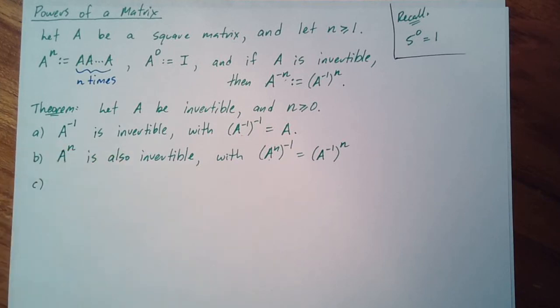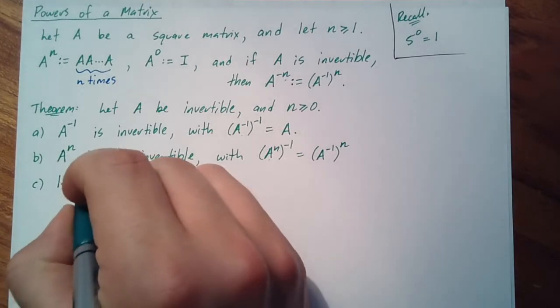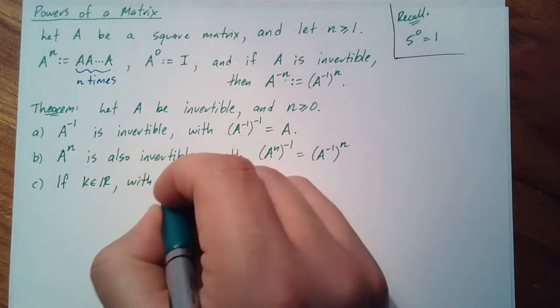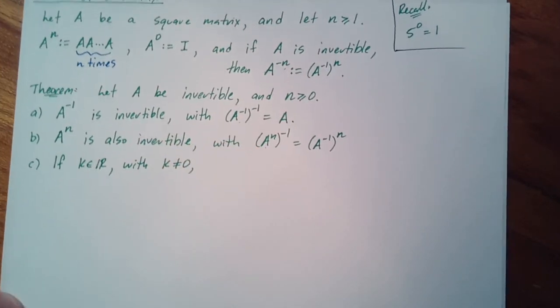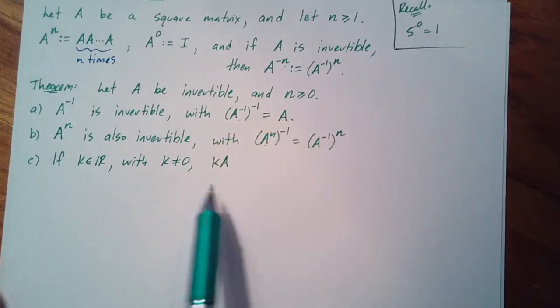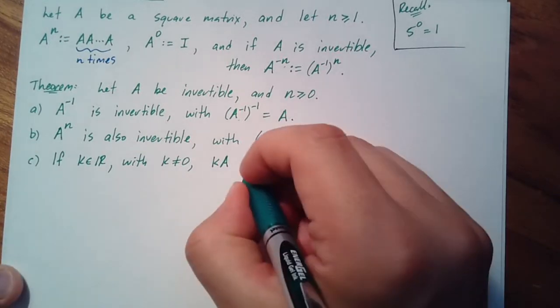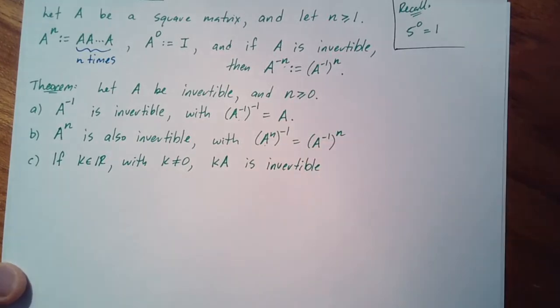And the third statement here is if we have some non-zero number, so some real number k, which happens to not be 0, then k times A, the scalar multiple of the matrix A multiplied by the scalar k, is also invertible. And what's its inverse?